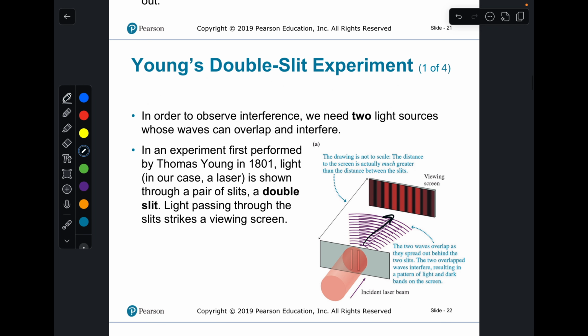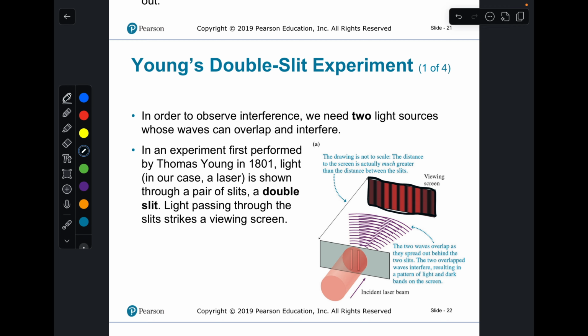We're going to use the double slit experiment, which is essentially what we just looked at in the previous slide, except now there's 2 slits. Each slit is going to act like an individual source of light. And so those 2 sources of light are going to interfere with one another. We're going to image that interference by placing a screen for the light to land on.